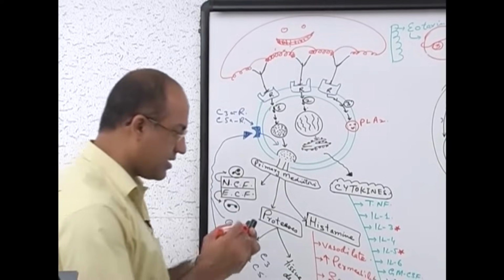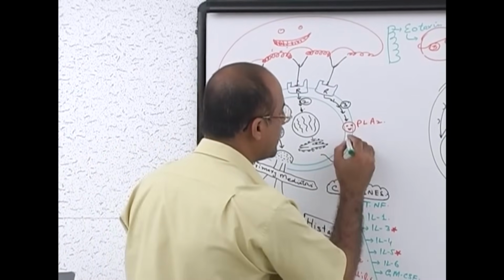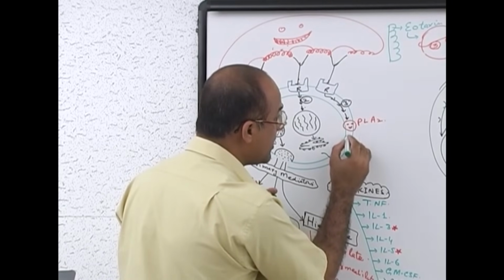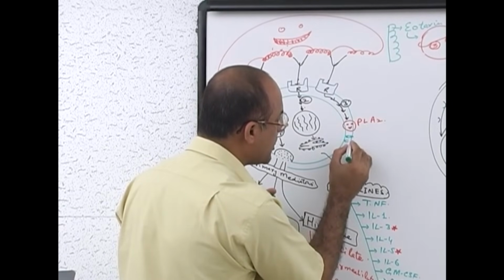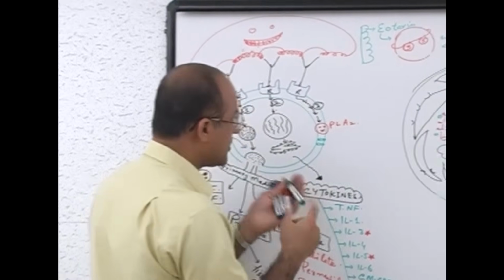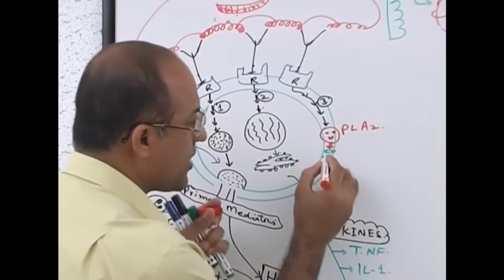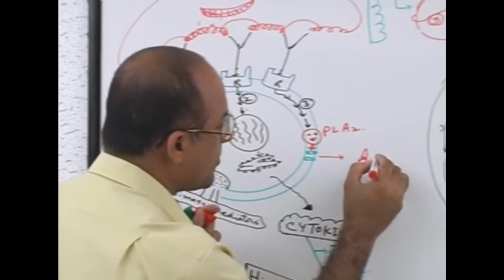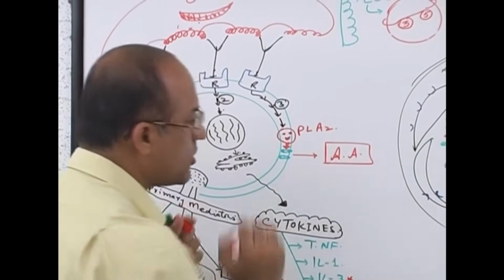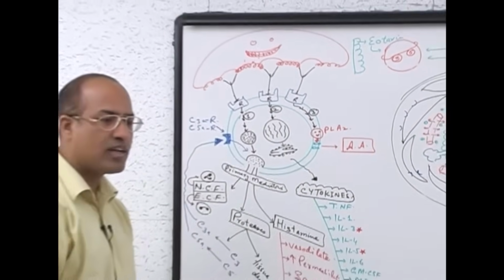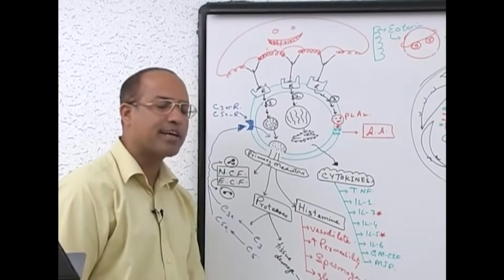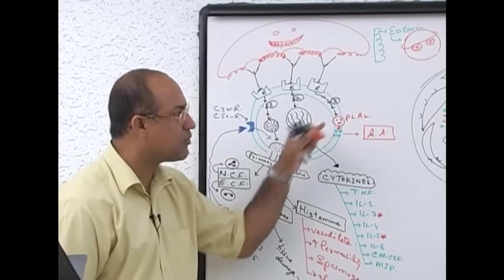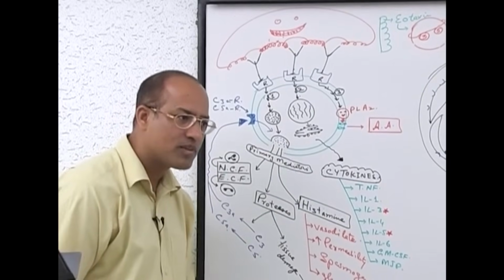When it is stimulated, it will break down the phospholipids in the membrane, and under the direction of phospholipase A2, the phospholipids will be broken down into arachidonic acid. So as soon as the mast cell is stimulated, a lot of arachidonic acid is produced within the mast cell membrane due to activation of phospholipase A2. Is that clear?